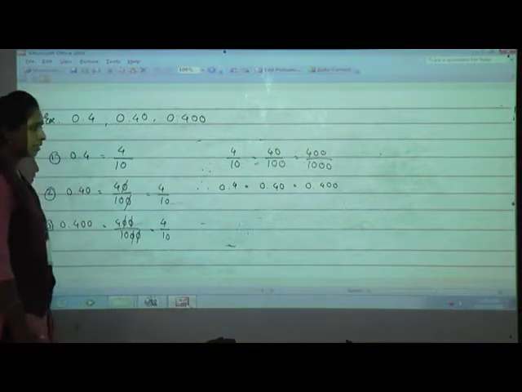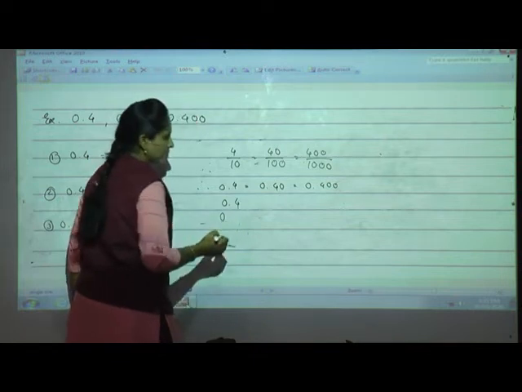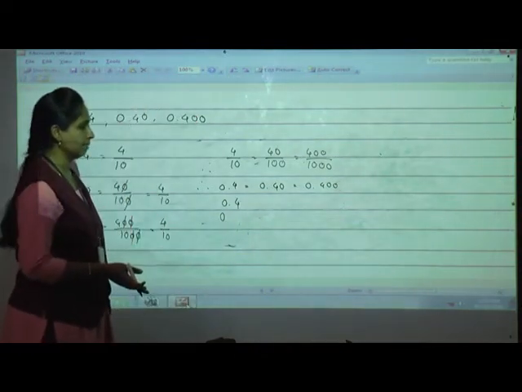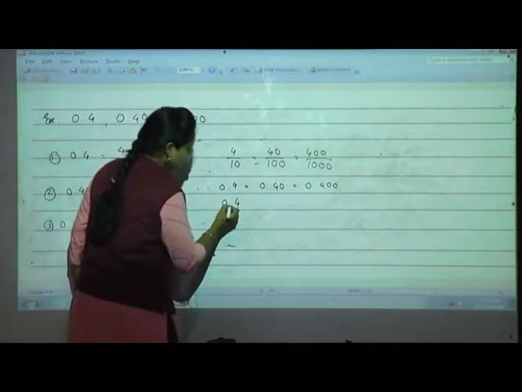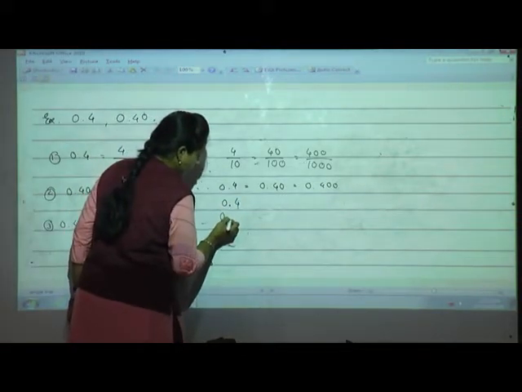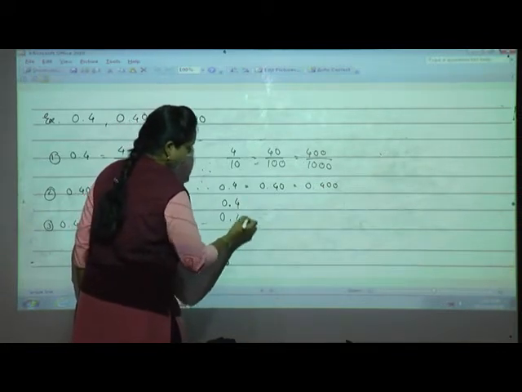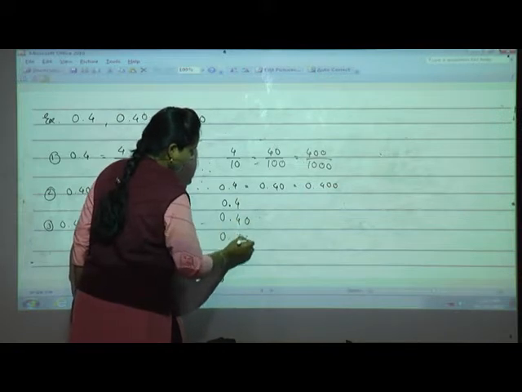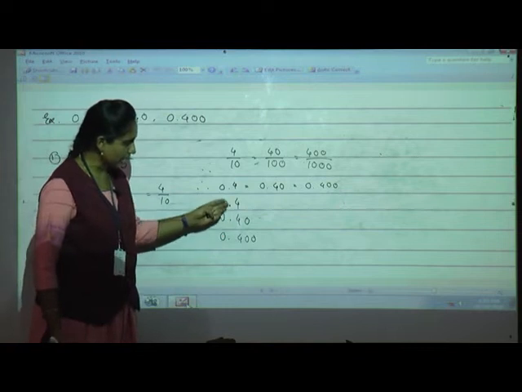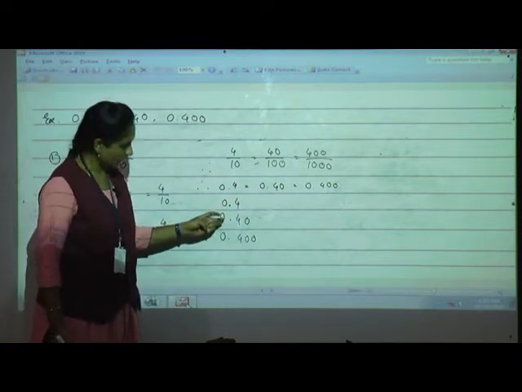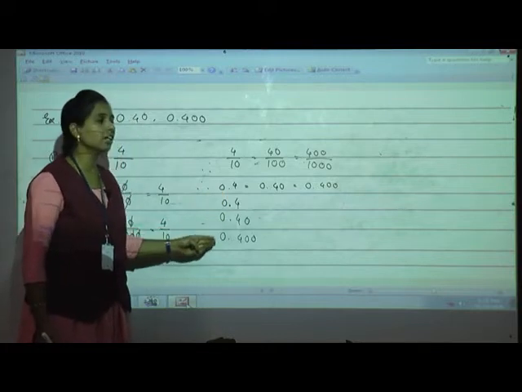So what you can observe here is 0.4. What will I do? I'll write these decimal numbers one below another, exactly, with the decimal point at the same place. 0.4, 0.40, 0.400. See, I have taken the decimal points one below another in the same place, then I have written the numbers.